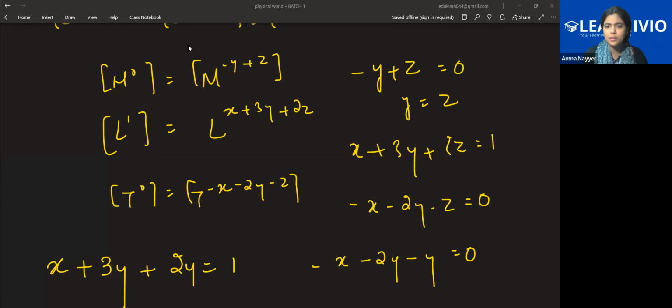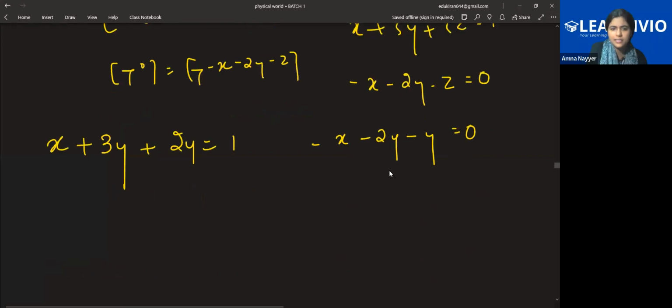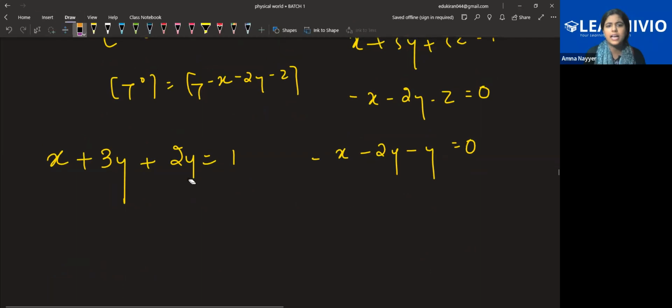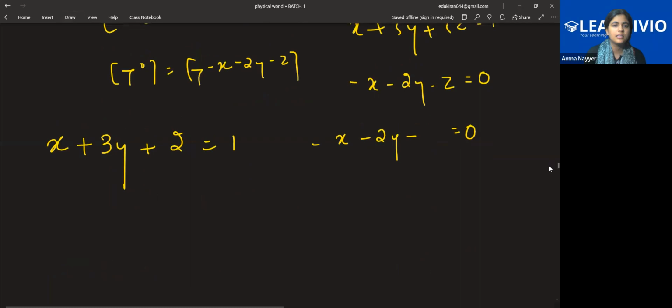Fine, class, let us now discuss. Yes, I was saying instead of just the substitution method, let us just quickly use the equations and cancel things out, right? Let's keep z only so that we can directly use this.